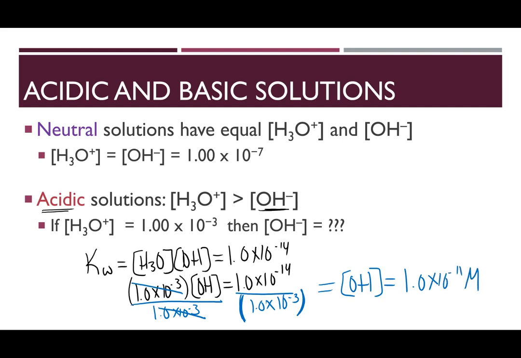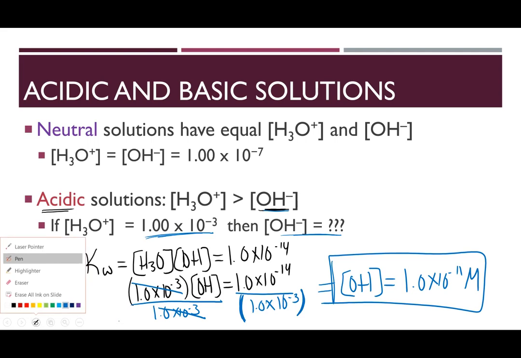And remember, concentration is molarity. Okay. So in an acidic solution, the hydronium concentration will always be bigger than the hydroxide concentration. And if we know the concentration of one of those, we can use the Kw equation to solve for the other one. Those are the two big take-homes there.